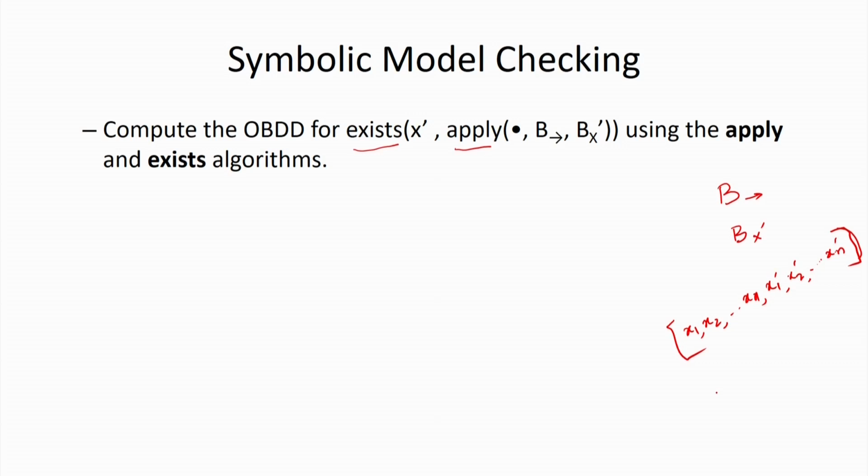Then the variable ordering for B x prime will be x 1 prime, x 2 prime, x n prime. Now, they are having a compatible variable ordering, but B x prime is independent of those particular variables x 1 to x n. So, this is the scenario we are now having.